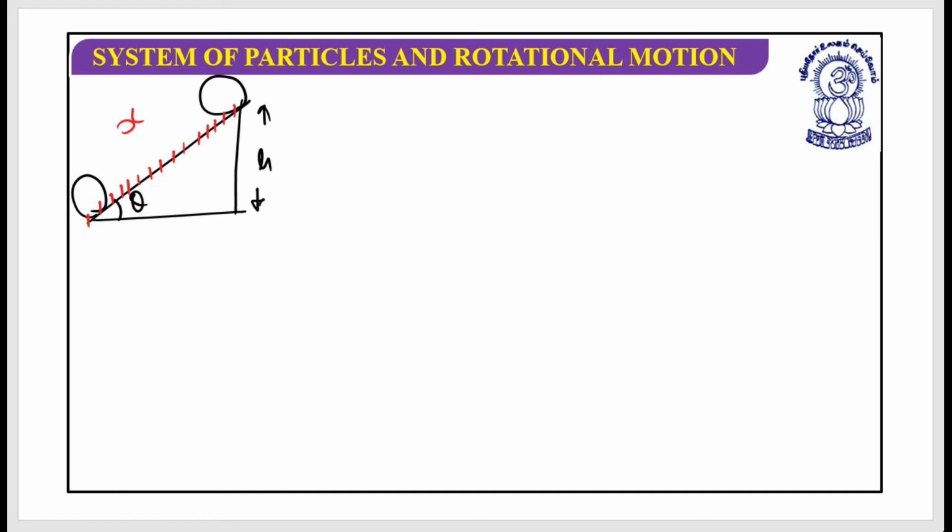This is x, if required I will use this. In this direction, mg sine theta is acting, and in the opposite direction, friction is acting. It is moving in this direction.